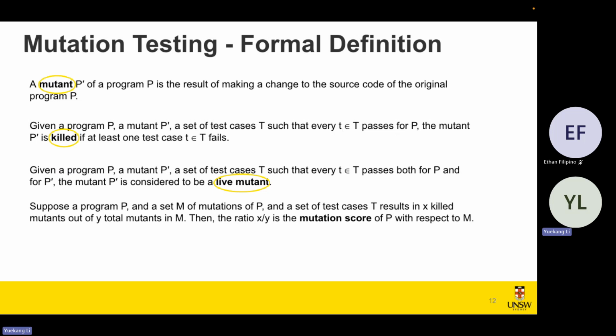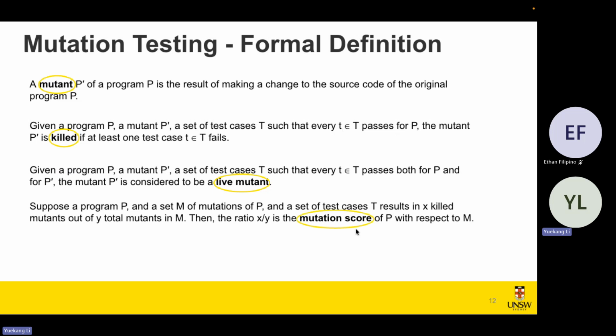And suppose we have an original program P, and we have a set M of the different mutants of P. Then for the test suite T, if X mutants were killed out of the Y total mutants, then the ratio of X divided by Y is the mutation score.